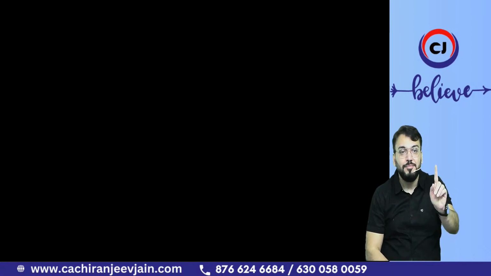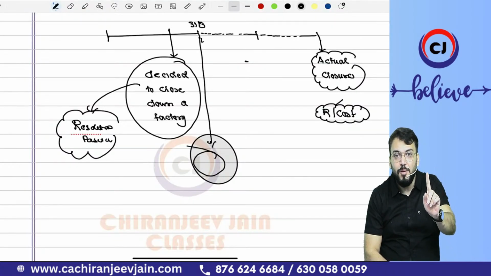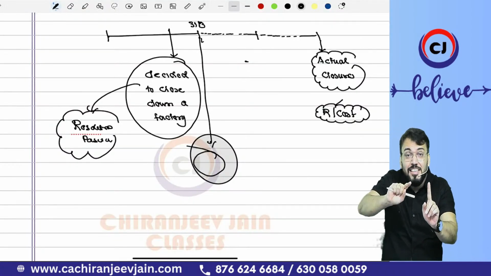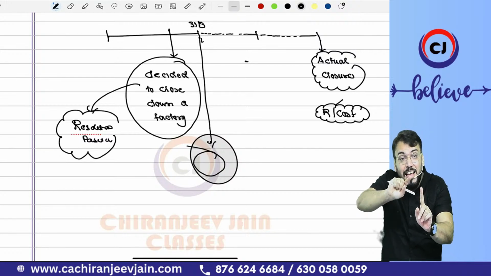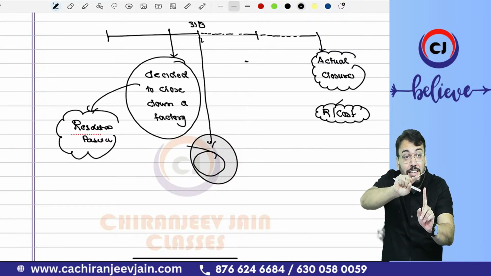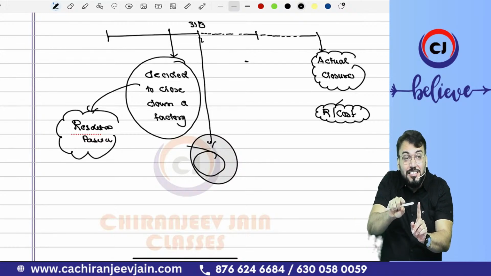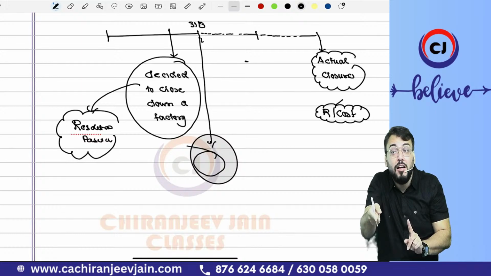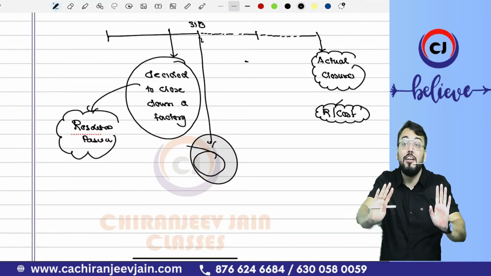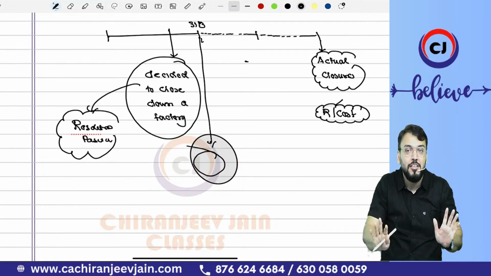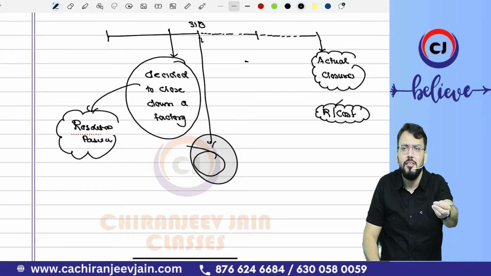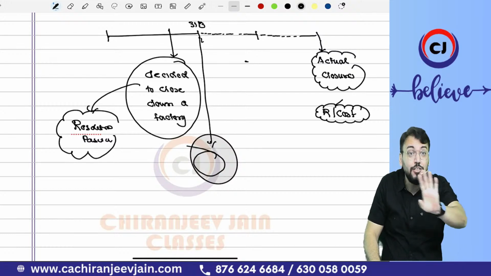So the first condition is that the entity has made a detailed formal plan, and the entity has started to implement such plan or has made an announcement of such plan. But when will we make an announcement? When we are committed. If we are not committed, we will never make an announcement.